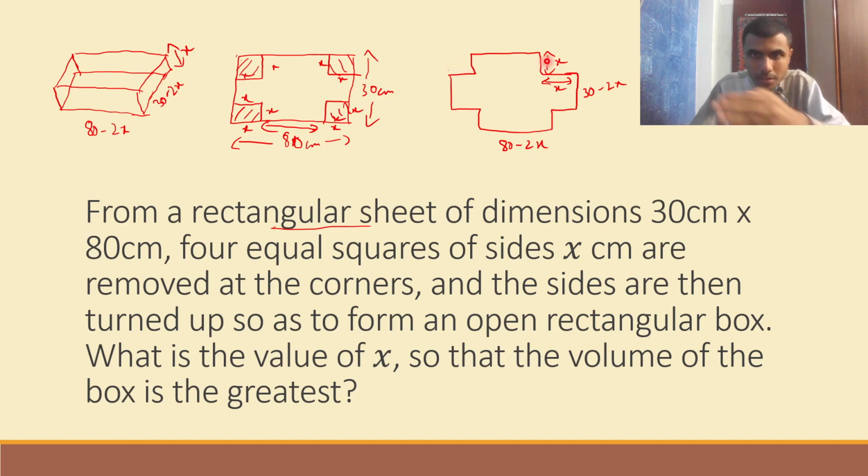Because this is what you are flipping, so this one is x. So for my open rectangular box, length is 80 minus 2x, breadth is 30 minus 2x, and height is x centimeters.